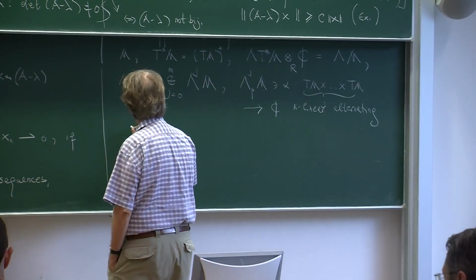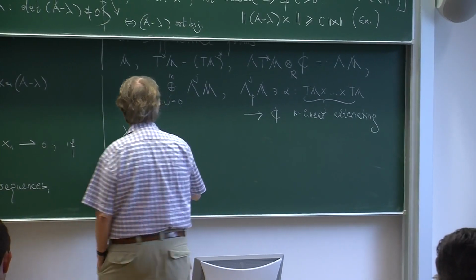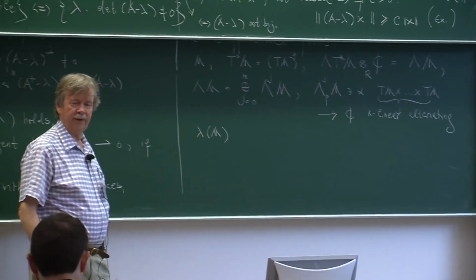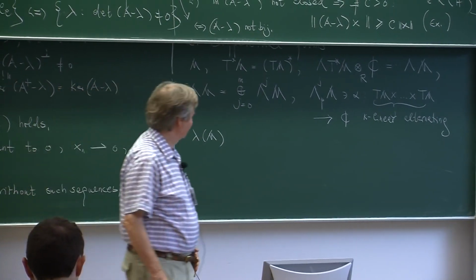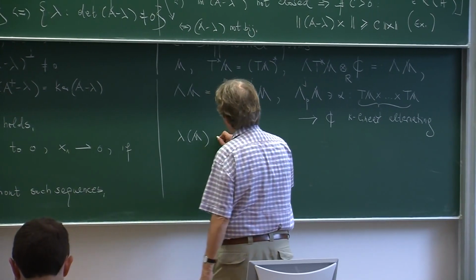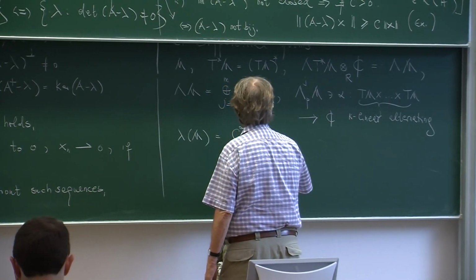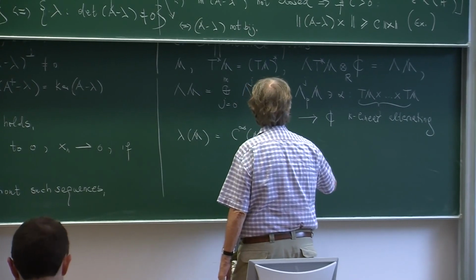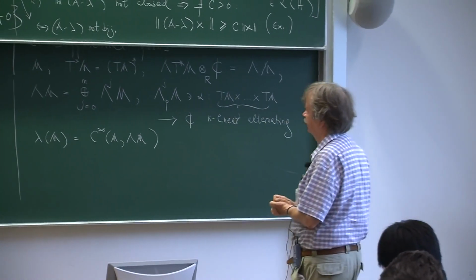And now we look at the smooth sections, and for convenience, I call this space little lambda of m. So that's somehow good for memorizing it. And these are the smooth sections of M with values in the exterior algebra, complexified exterior algebra.